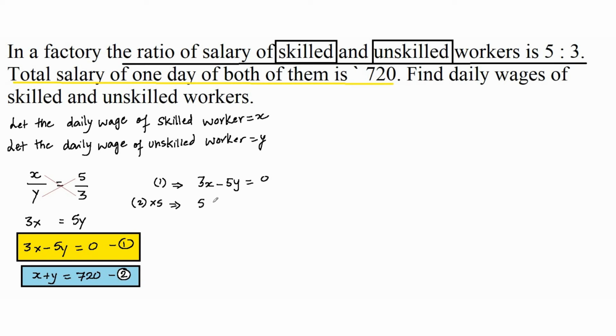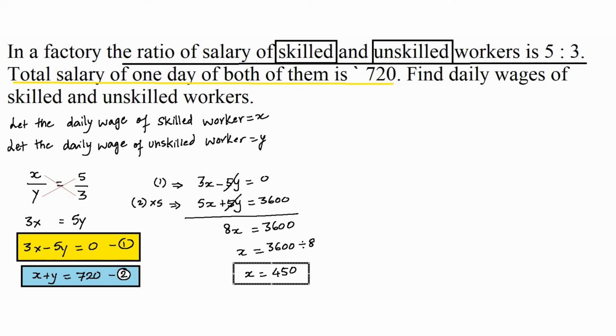So I get 5x plus 5y is equal to 3600. So now if I add these two equations, minus 5y plus 5y cancels. So 8x is equal to 3600, which means x is equal to 3600 divided by 8, and therefore x is equal to 450. Therefore, the value of x is 450.